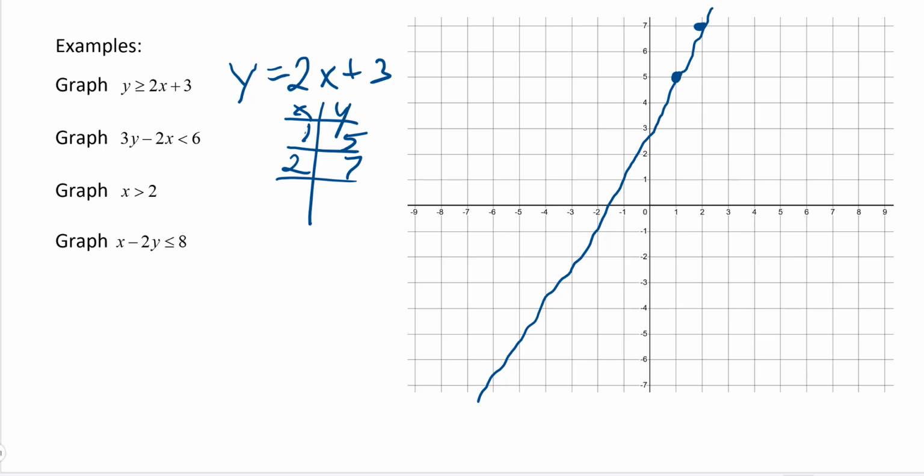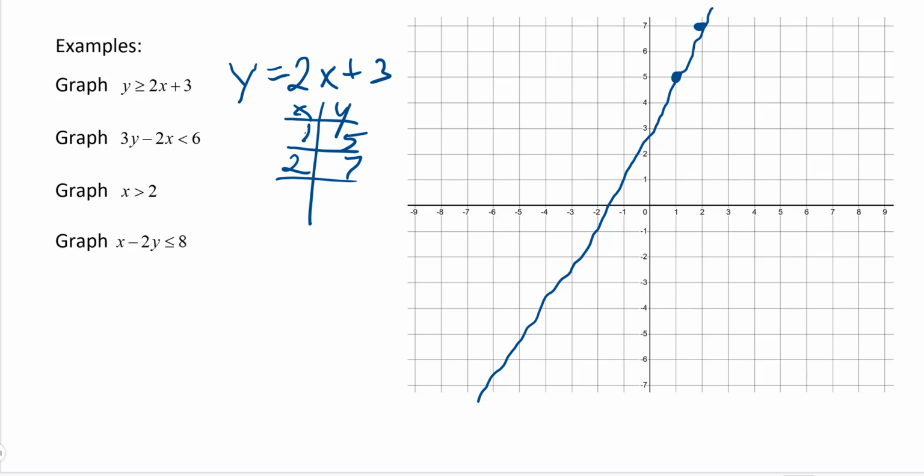The next thing you do is pick any, well, let me say this a different way. Notice that there's a bottom part of the graph now, and there's also a top part. You might also call that the left part and the right part. So what you want to do is pick any random point, either from the left or from the right.